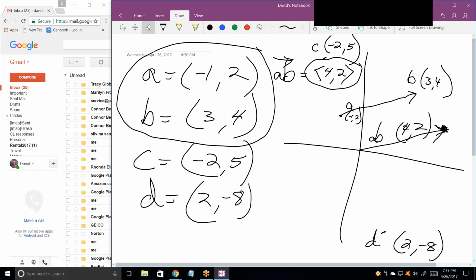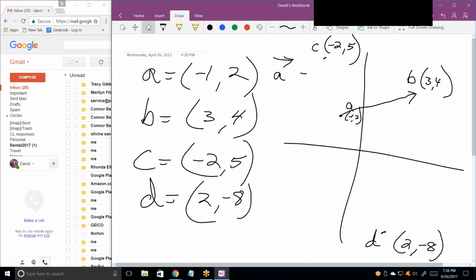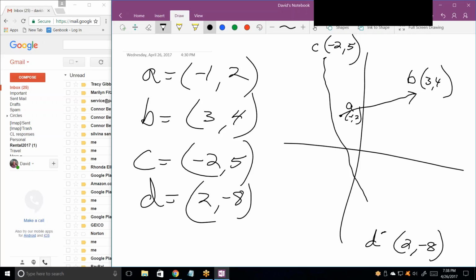Find vector CD. All right, let's erase AB. CD. Hold on a second. Let me erase some of this other stuff. So CD is that vector. Now, the starting point matters.